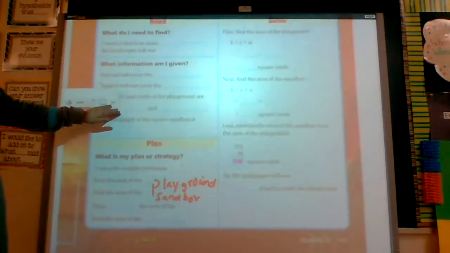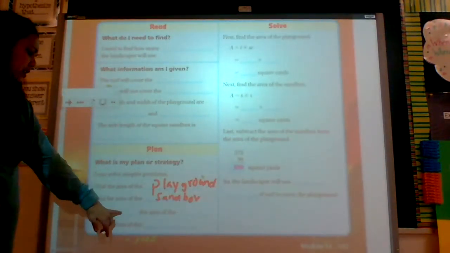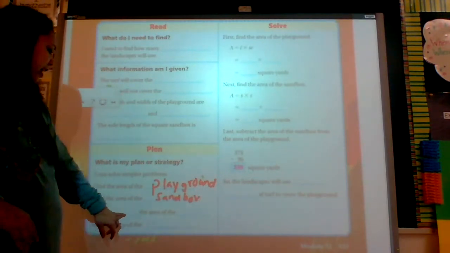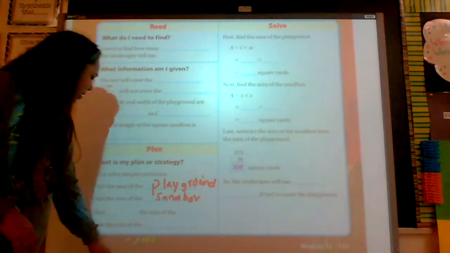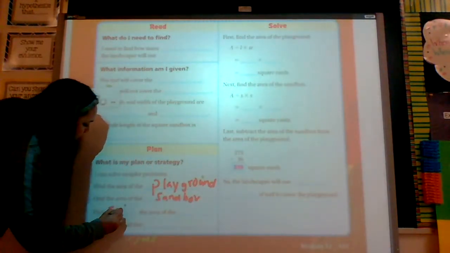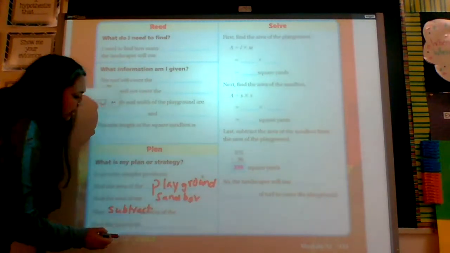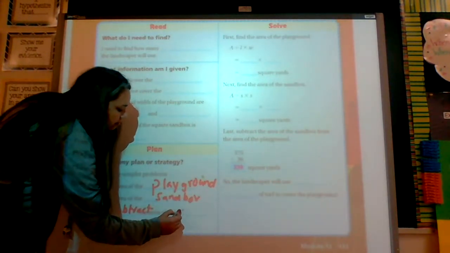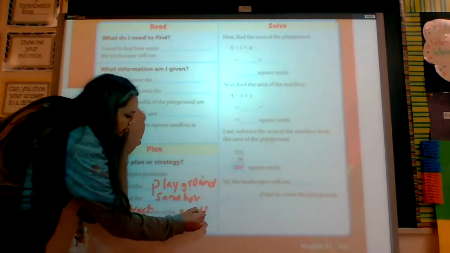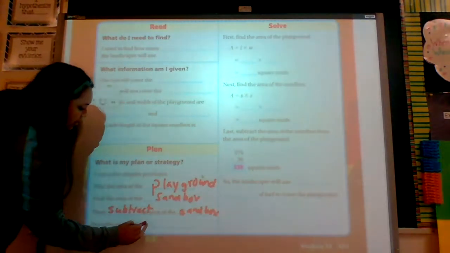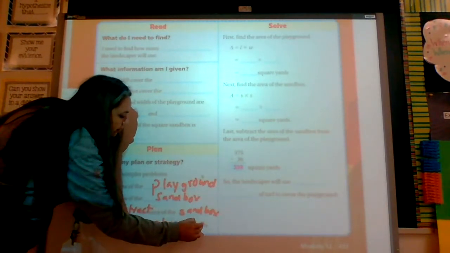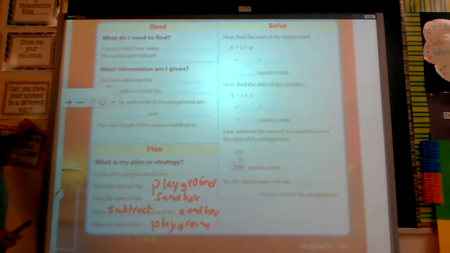So then, here it says we're going to subtract the area of the sandbox from the area of the playground.